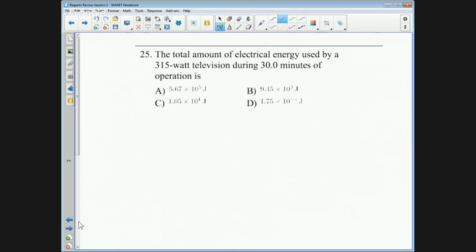Okay. Number 25. The total amount of electrical energy used by a 315-watt television during 30 minutes of operation is what? Total amount of electrical energy used. So we're solving for energy or work, electrical energy.